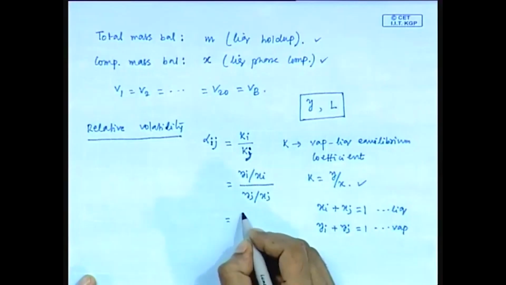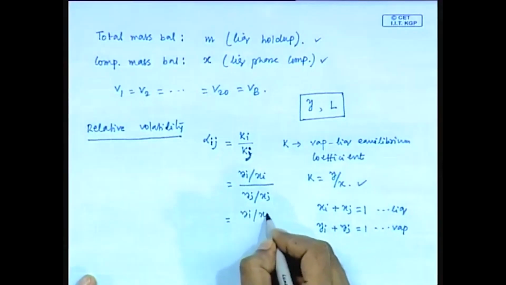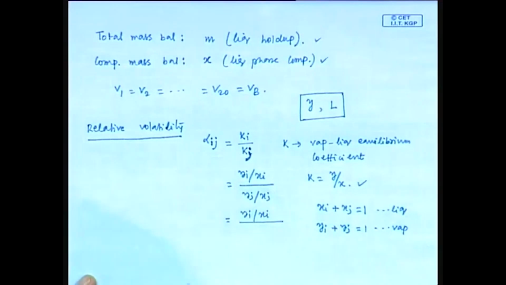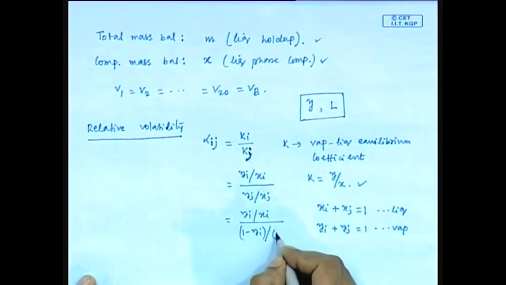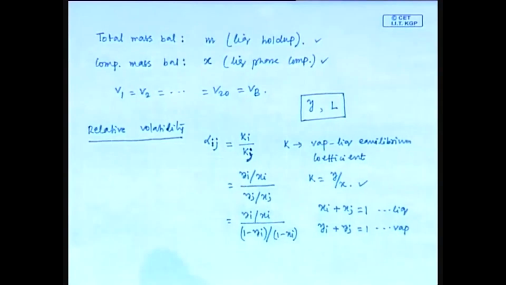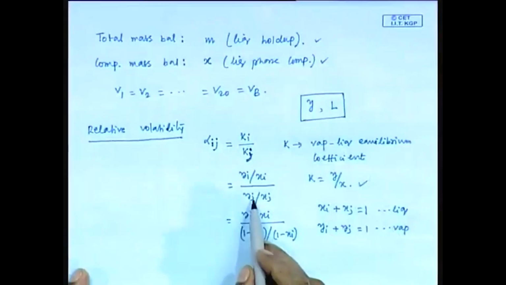Now, we will write here yi divided by xi whole divided by 1 minus yi divided by 1 minus xi. Our intention is to calculate the vapor phase composition of component i. That is why we are trying to avoid yj and xj terms. So, yj equals to 1 minus yi and xj equals to 1 minus xi.